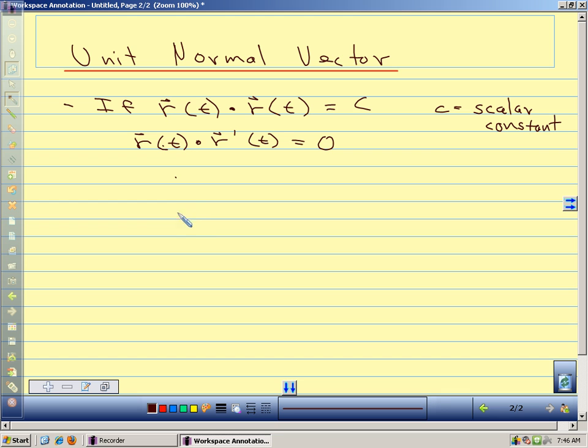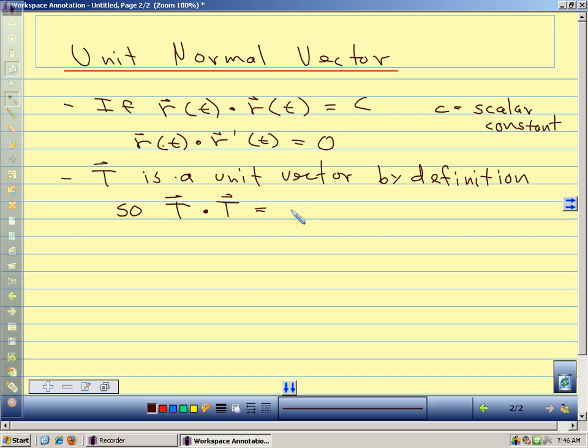We defined T to be a unit vector. T is a unit vector by definition. So we know T dot T equals 1.